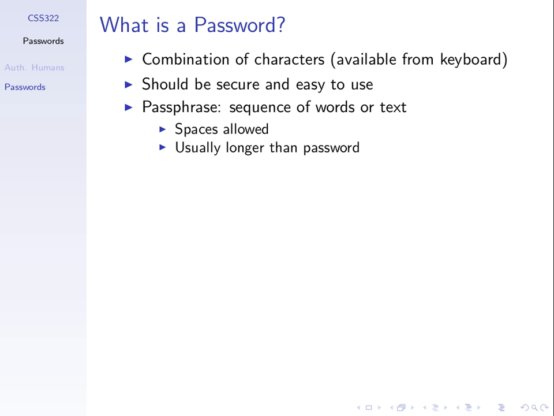The set of characters that are allowed may be different, depending upon what characters we can input from the input device. A password should be secure and easy to use. By secure, it means that it authenticates the correct person. Only the person who is intended to access the system can access the system. Easy to use means that the user is not inconvenienced when they need to supply that password.